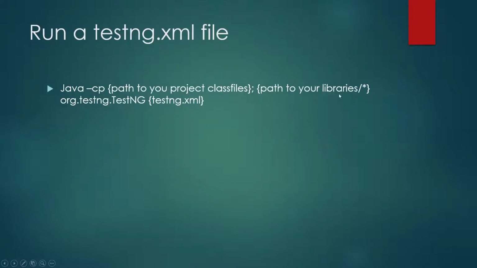This is the command that I used to execute my TestNG file. Right after typing all this till the TestNG class, I hit enter. That means I did not pass my XML. There was no argument, so it gave me that error.